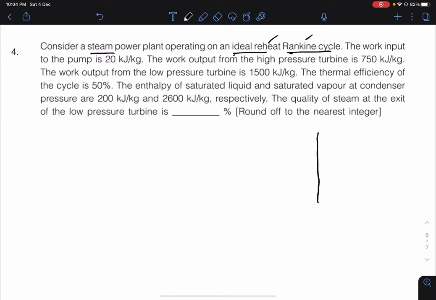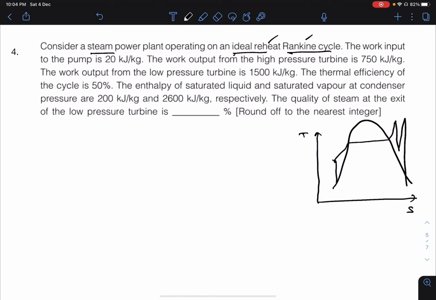So we will make its diagram. So we know for the steam it is a U-shaped dome curve. So this point is 1, this point is 2, this point is 3, 4, 5, 6, 7.